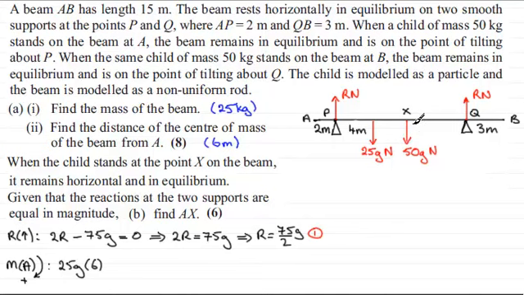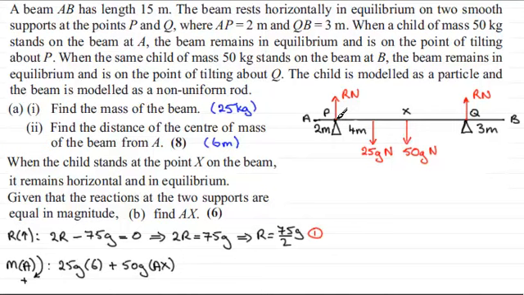And then for the weight of the child, the moment will be 50g times the distance back to A, which is AX. And so that'd be plus 50g multiplied by the distance AX.